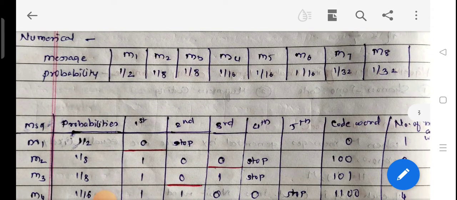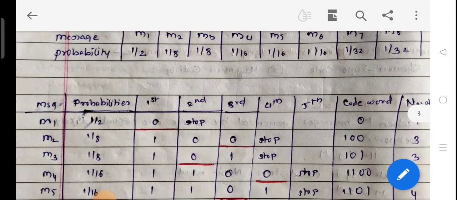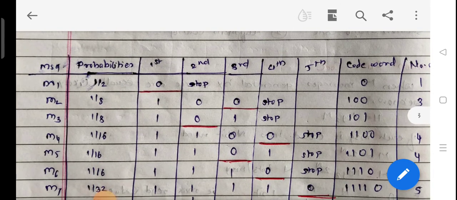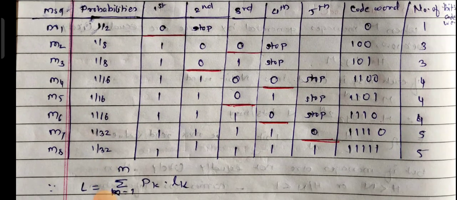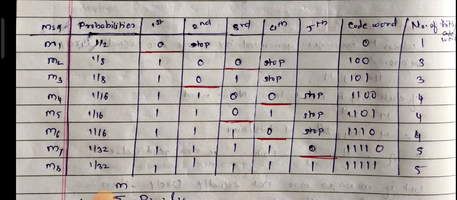Here just follow the steps given in the Shannon-Fano code algorithm. We first have to arrange all the messages in decreasing order of probability. So here we have arranged all the messages. In the first two columns, the messages are already given in decreasing order of probability.